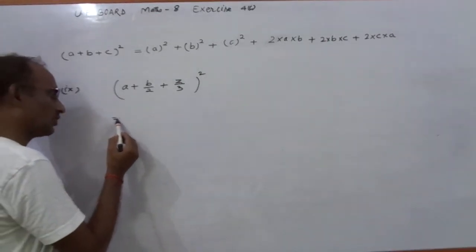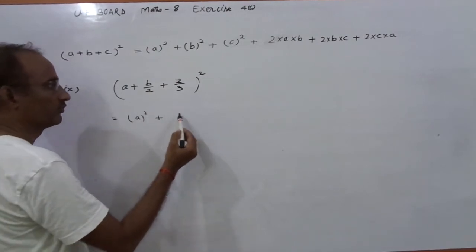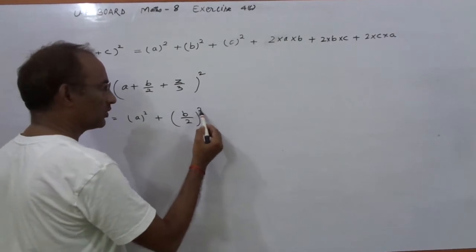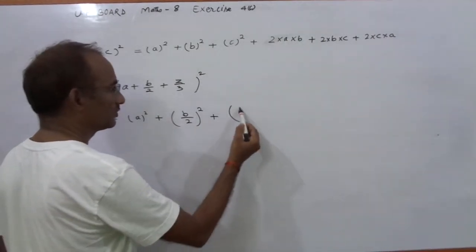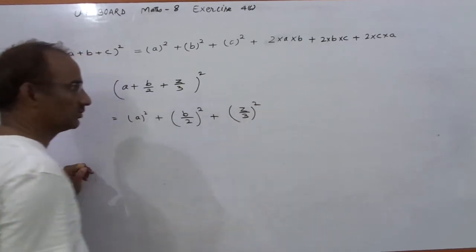So first of all we have to write a whole power 2, b upon 2 whole power 2 and c upon 3 whole power 2.